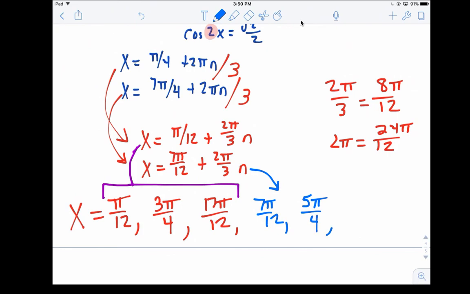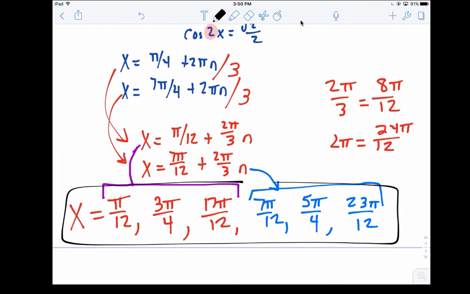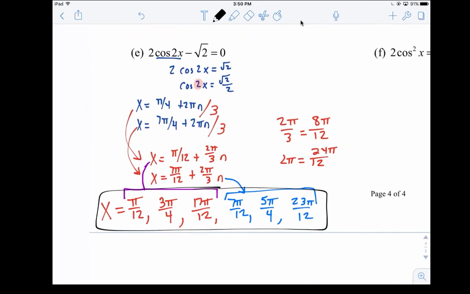And then 15 pi over 12 plus 8 pi over 12 is 23 pi over 12. So those three answers come from that second general solution. All right, so you have six. You should have 6 answers for letter E.